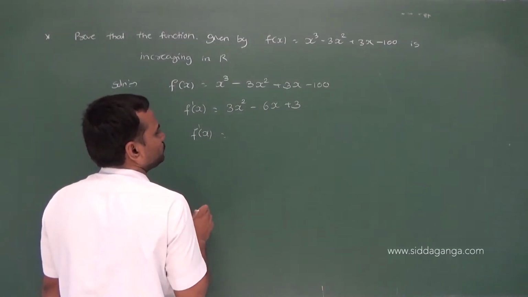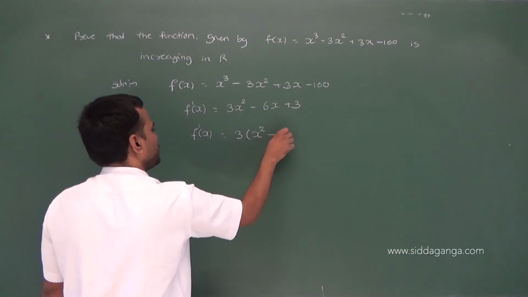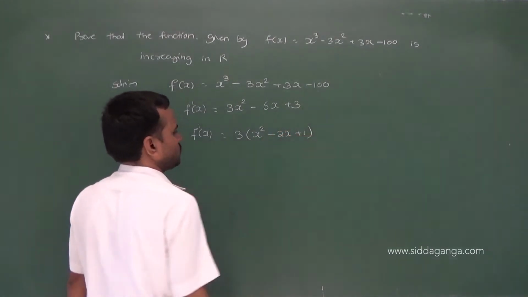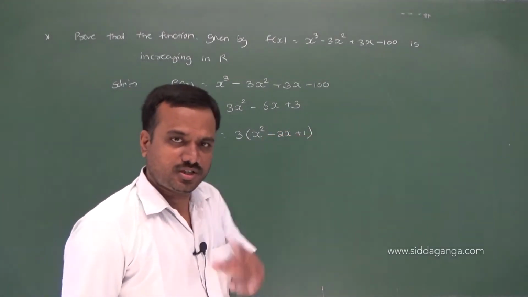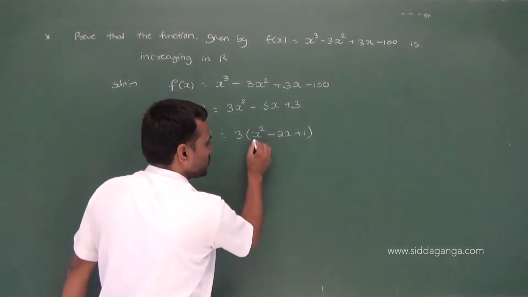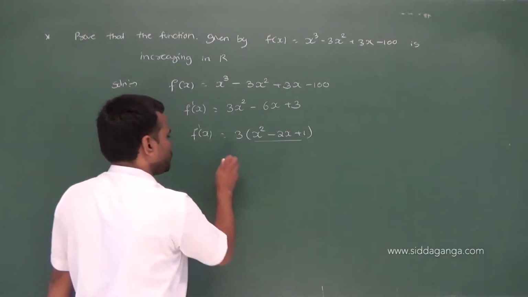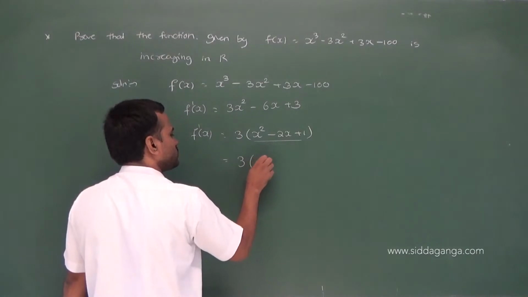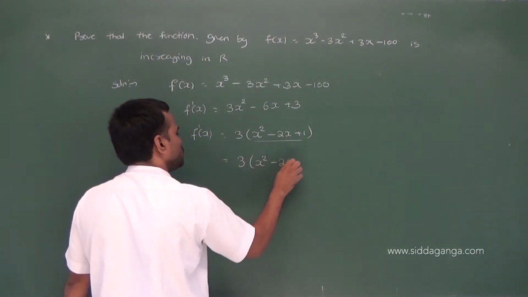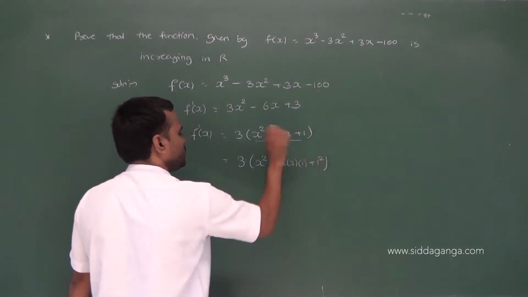We take 3 common: x square minus 2x plus 1. Then see this function carefully. We can write it as x square minus 2x into 1 plus 1 square.